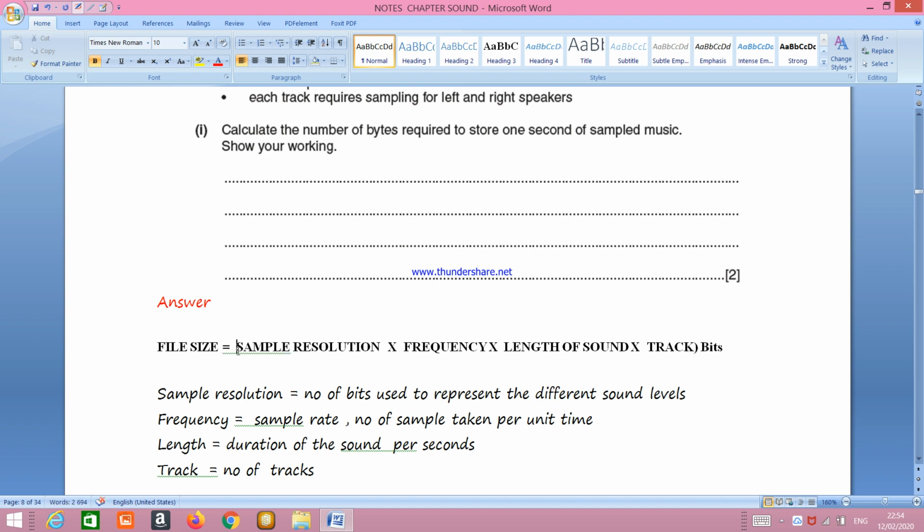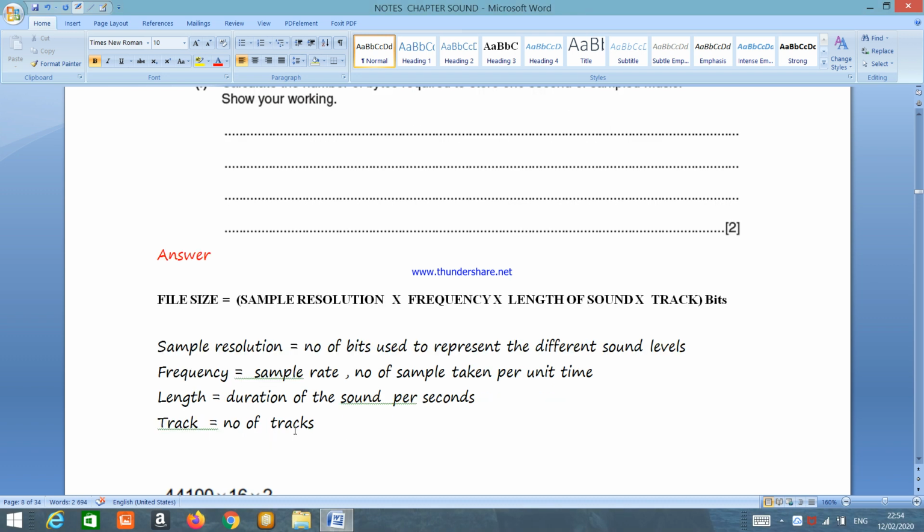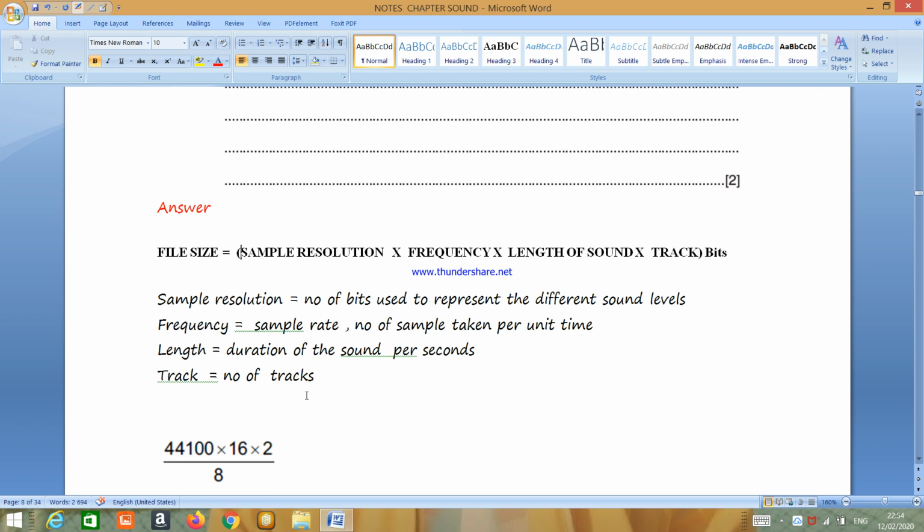So again, sample resolution is the number of bits used to represent the different levels of sound. That is the encoding scheme. Sample frequency is the rate, the number of samples taken per unit time. The length is the duration of the sound in seconds. And the tracks, the number of tracks used.